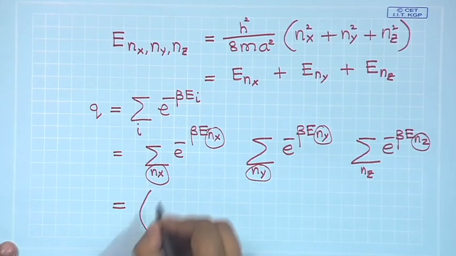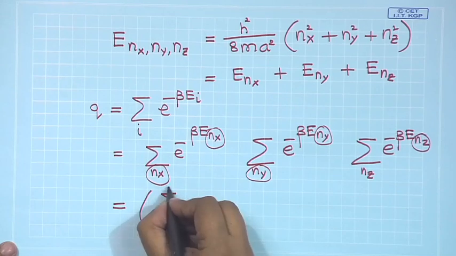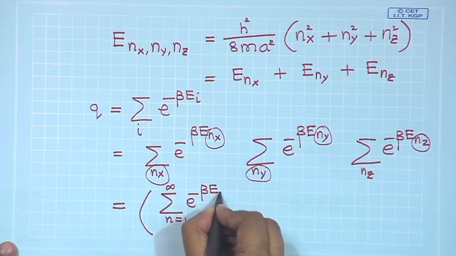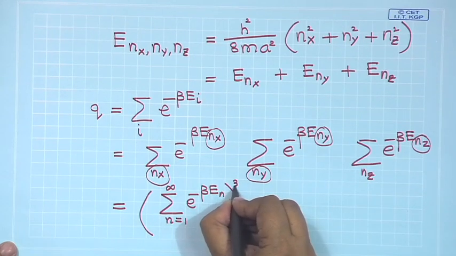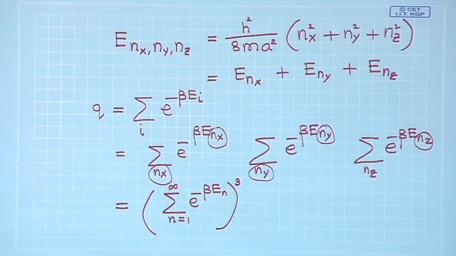Okay? So, I can very easily write that essentially what I have is, I need the value of this summation e to the power of minus beta En whole cube, the same summation being taken 3 times in multiplication with each other. Now, do you know the value of this summation?